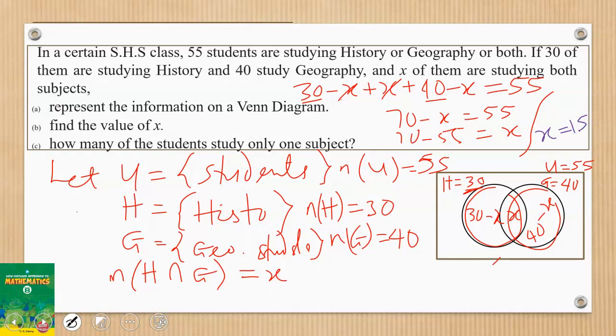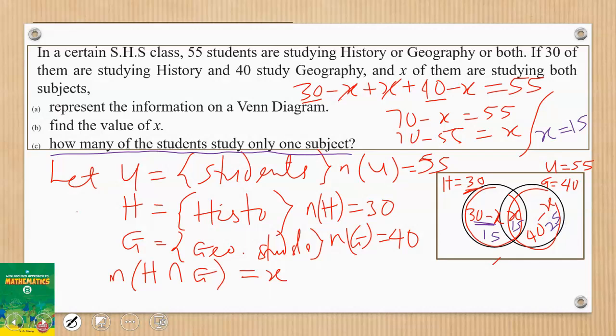Now that we know X to be 15, if the question is asking how many of the students study only one subject, all we can do is to get those who are here alone. When I take away 15 from 30, I have 15 here, and then here too is 25.